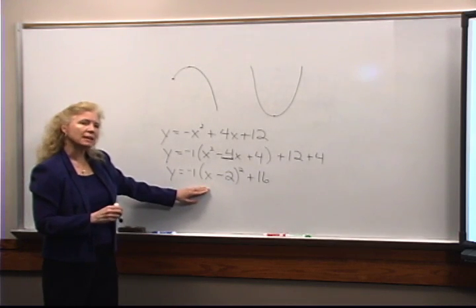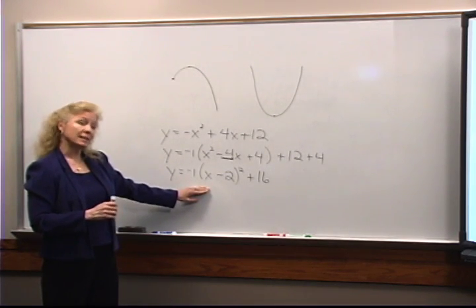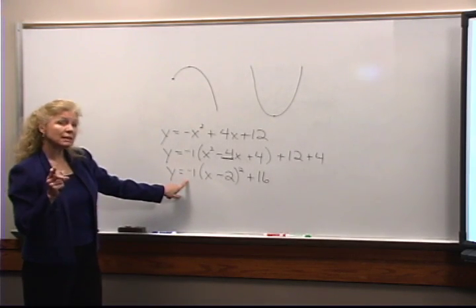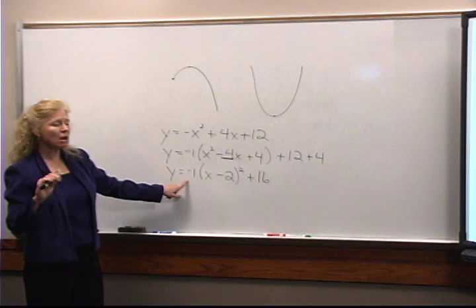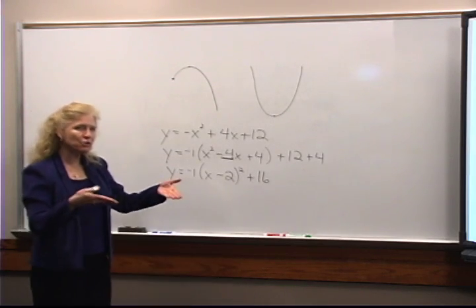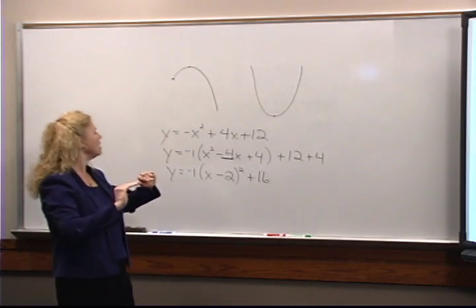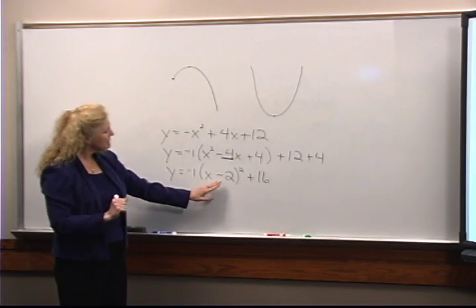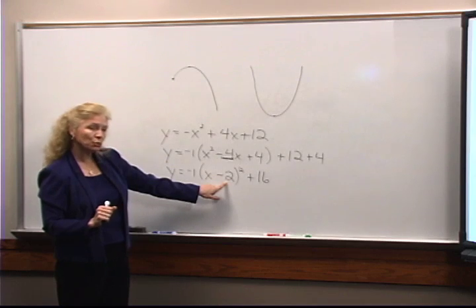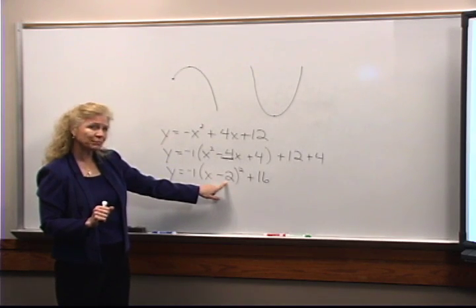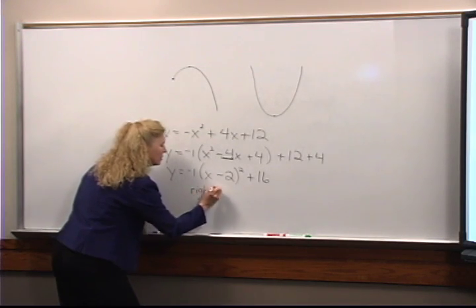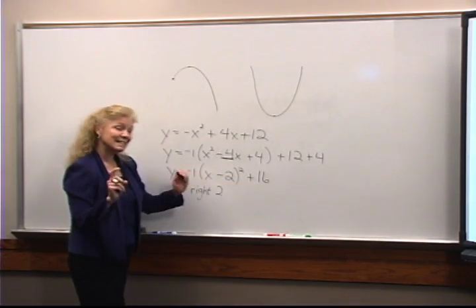Well, if you take a look at this, we've talked about transformations. And you might realize that this -1 is the a value that we've talked about in the past, and that a value flips it down. And so all we did was flip that down, and then this moves it right 2, that's that C value, and this is the D value.